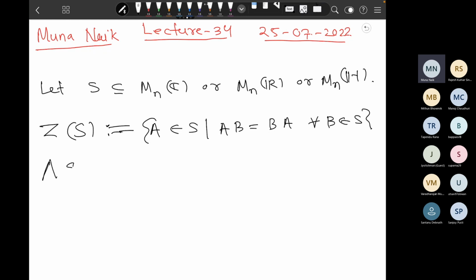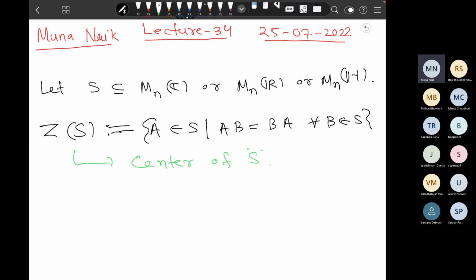Now take a look at this. What is Z(S)? Z(S) is precisely the set of elements of S that commute with every element of S. If S is a Lie group, then this is precisely the center of the group. By abuse of language, I will also call it the center of S, even though S may not be a group.